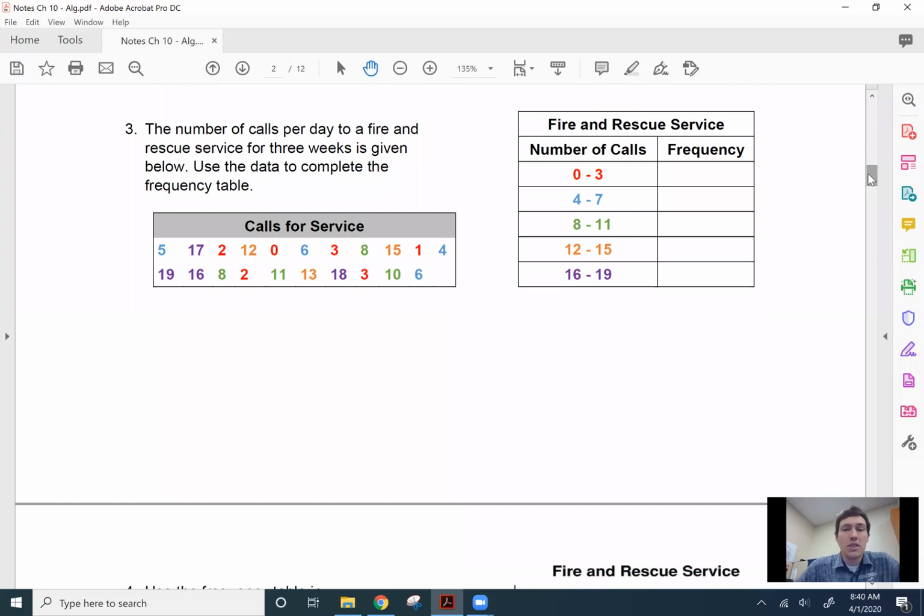Now on this one, it says the number of calls per day to a fire and rescue service for 3 weeks is given below. Use the data to complete the frequency table. Now I previously colored these to make it easier to spot these. So 0 to 3 is in red.